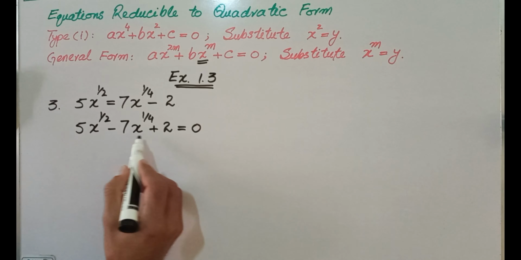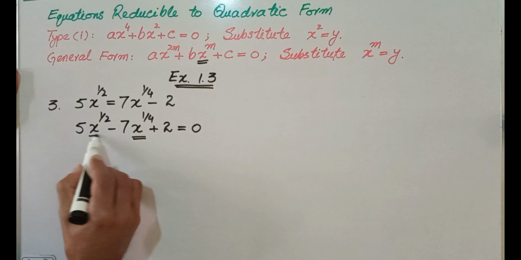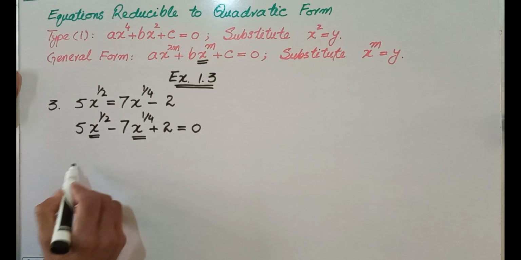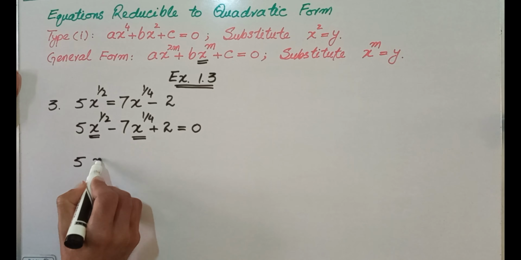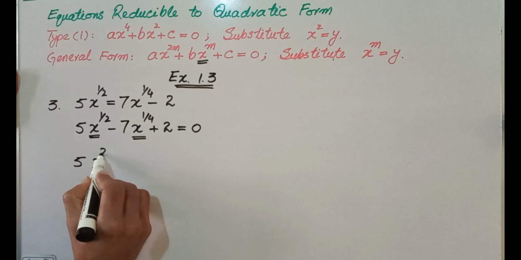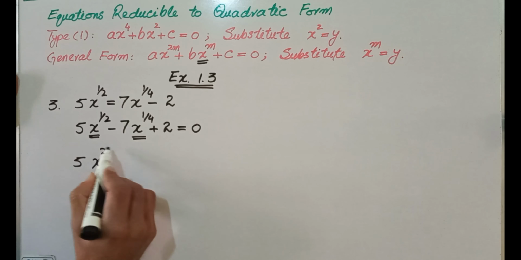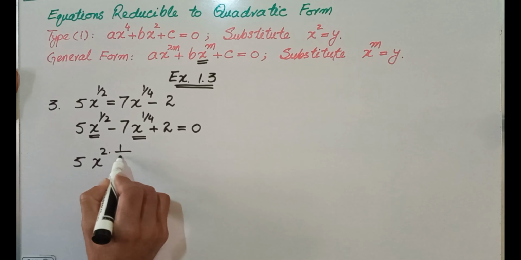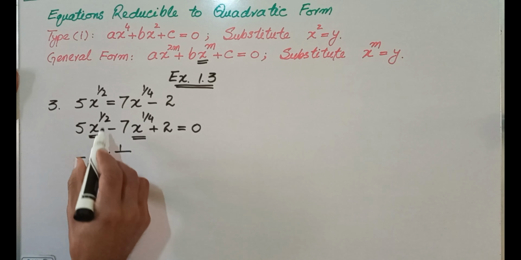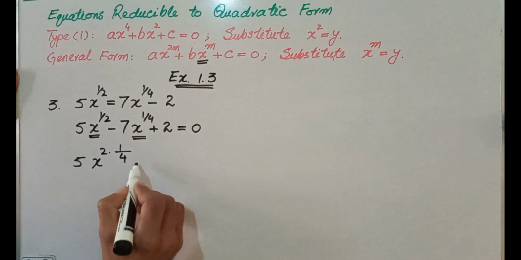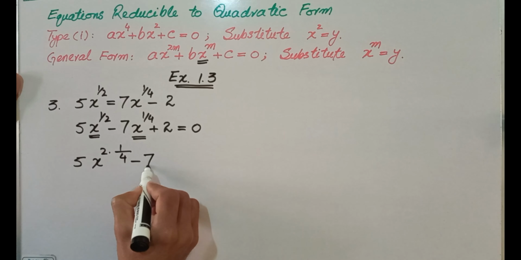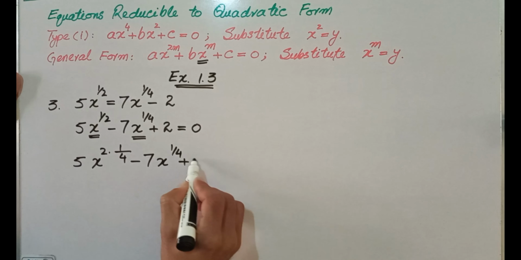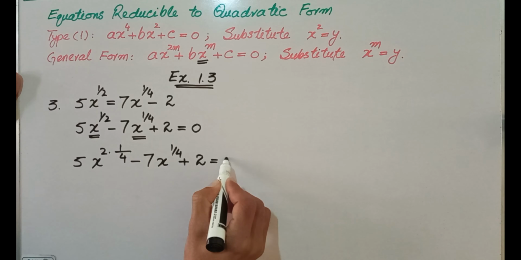Now we see that the power of this x is half of the power of this x. If we write this term as 5x, we will multiply and divide by 2. So we have 2 multiplied and 2 divided, then we get 1 over 4, minus 7x power 1 over 4 plus 2 is equal to 0.